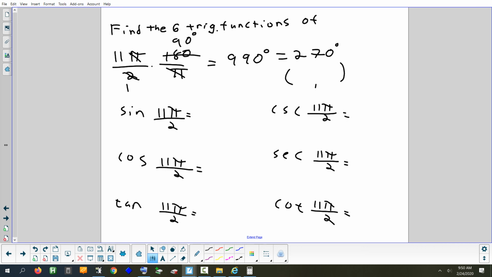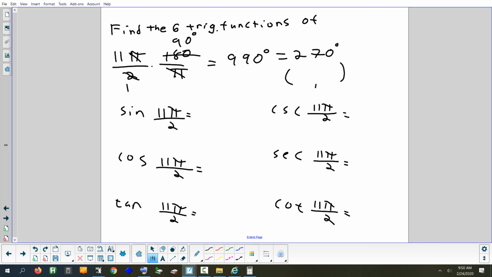Now, at this step, you don't want to say 270 equals this coordinate. That's not really true. They're different things. 270 is how far you go around the circle, and the coordinate is how you get there. Okay? So the coordinate for 270 is, what is that one? 0, negative 1.